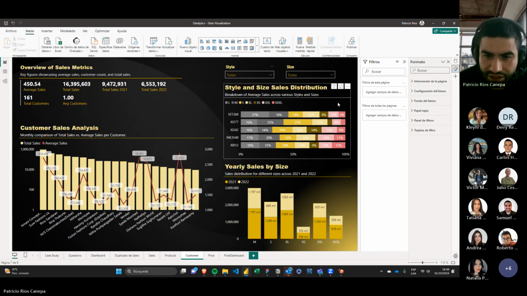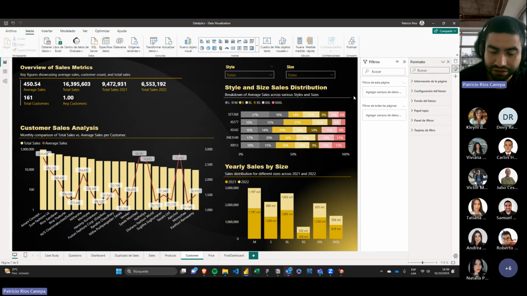Okay, so we also have here the sales distribution, how the sales are distributed by our style and size. So that's composition, that we see when we're trying to get the right chart type. This is all composition by sales.